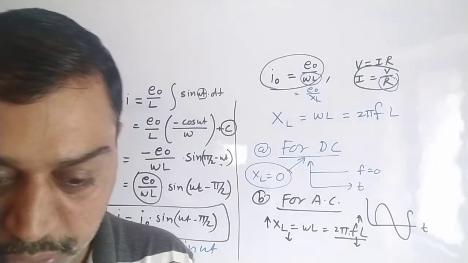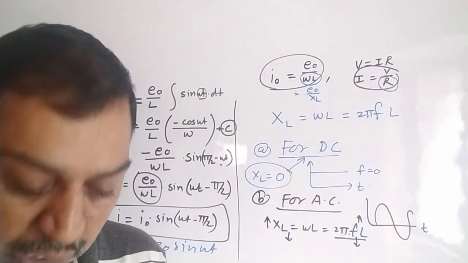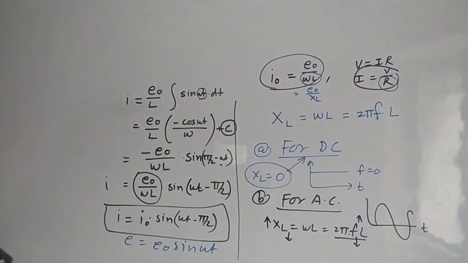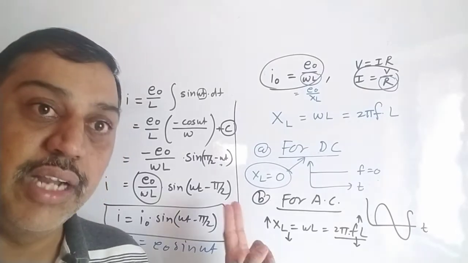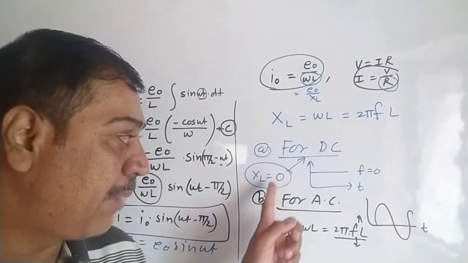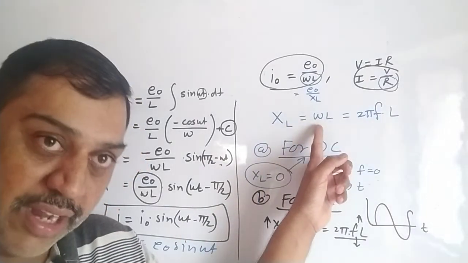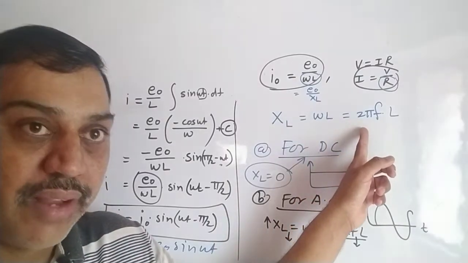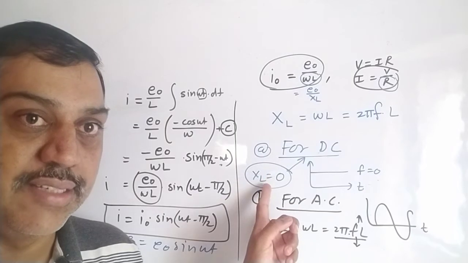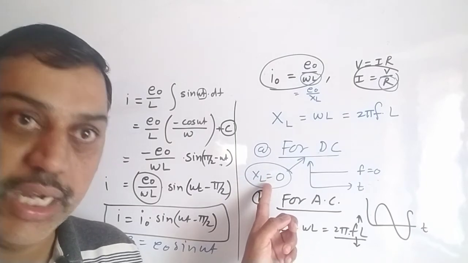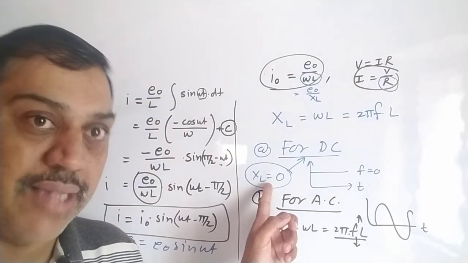Now you must understand this concept and keep in your mind that in case of a resistor it is resistance, in case of an inductor it is inductive reactance, represented by XL, equal to omega L equal to 2 pi FL. As DC has 0 frequency, the opposition to the DC by the inductor is 0, it will not oppose the DC, it will pass the DC.